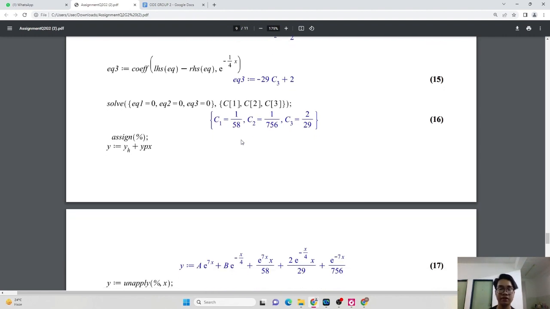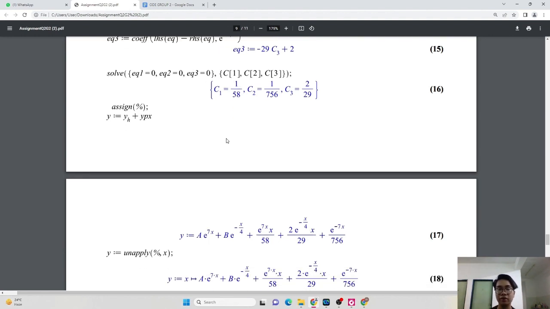The 16th step is solve bracket equation 1 equal to 0, equation 2 equal to 0, and equation 3 equal to 0, for bracket C1, C2, and C3. The answer we get is C1 equal to 1 over 58 and C2 equal to 1 over 756 and C3 is equal to 202 over 29.